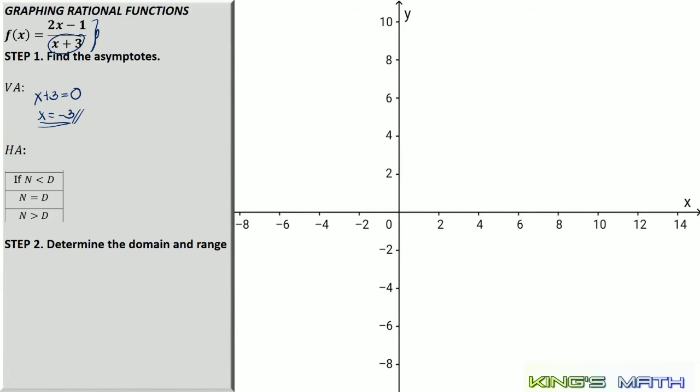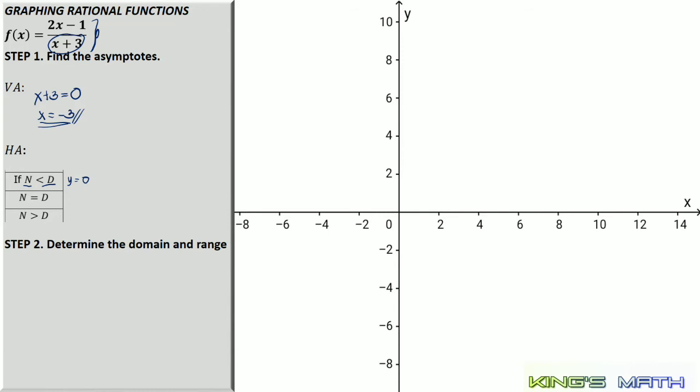In determining the horizontal asymptote, we have three cases, wherein we compare the degree of the numerator and the denominator. A degree is the highest exponent of an expression. If the degree of the numerator is less than the degree of the denominator, the horizontal asymptote is the x-axis, wherein the equation is y equals 0.